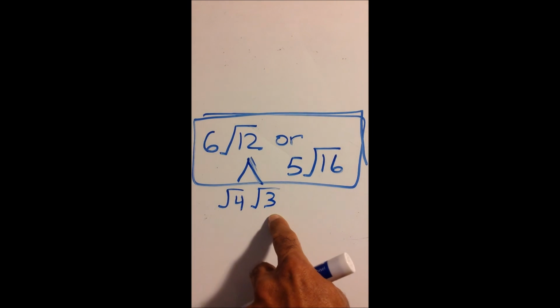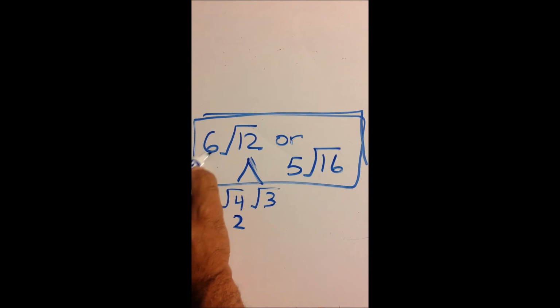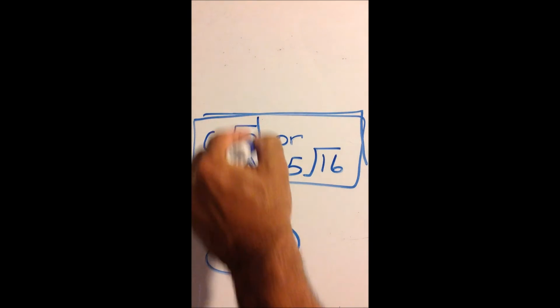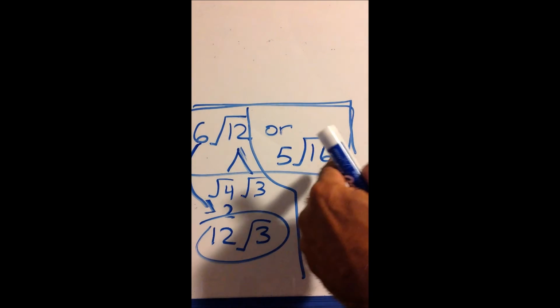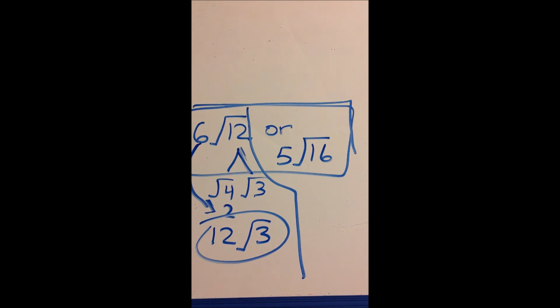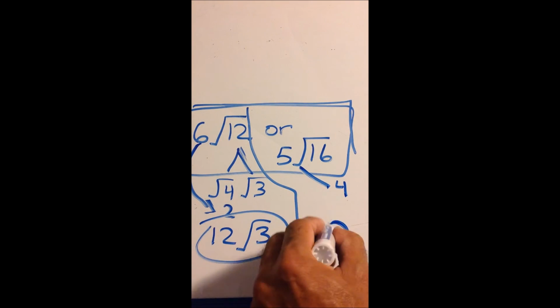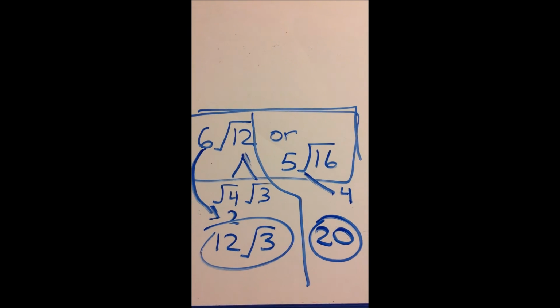We can't touch the square root of 3, but the square root of 4 is 2. And remember, we had that 6. 6 times 2 is 12. So this is what we're left with. Now, what about this one? The square root of 16 is 4. 5 times 4 is 20. So the greatest one is this one.